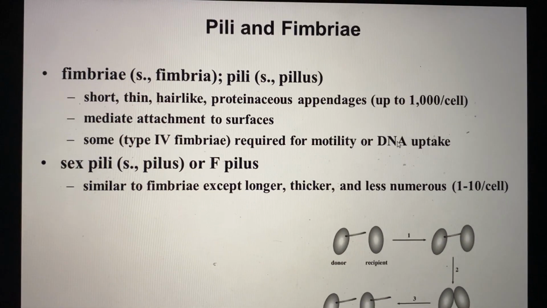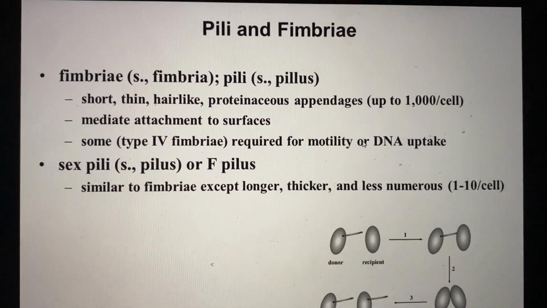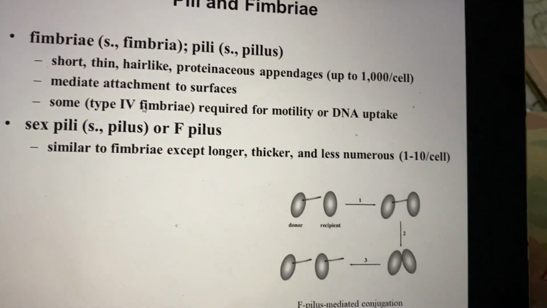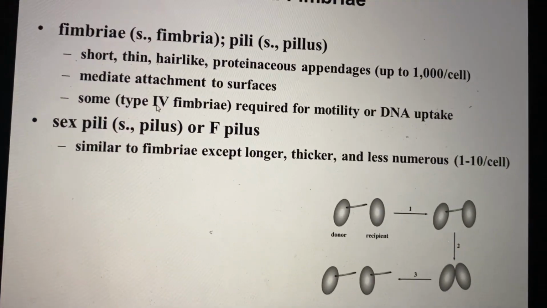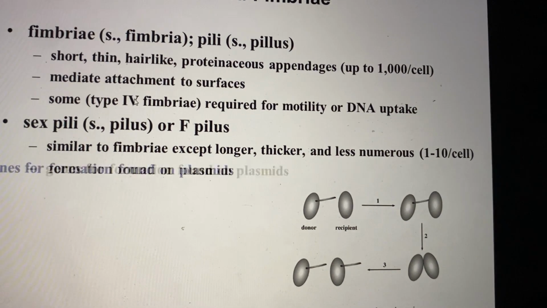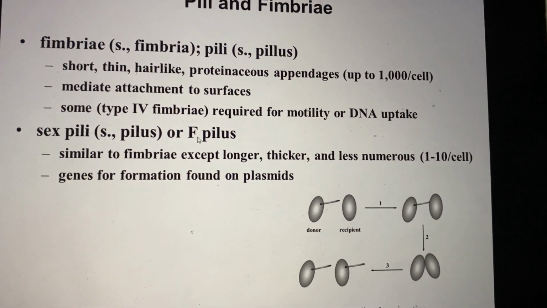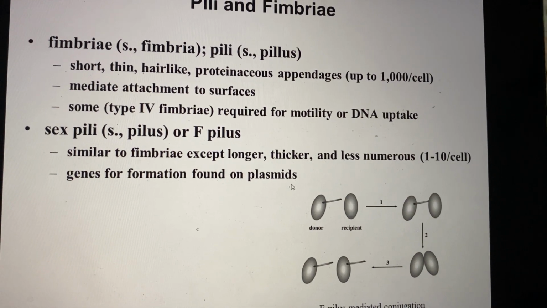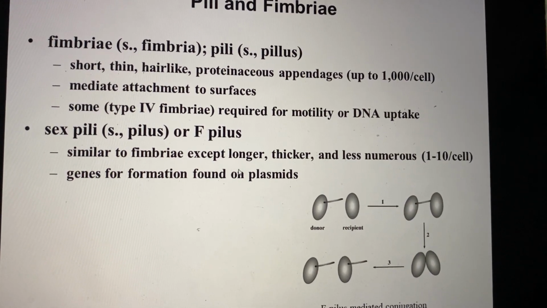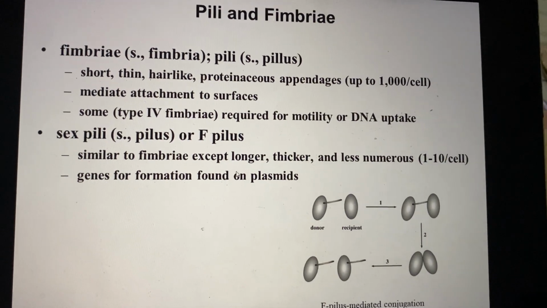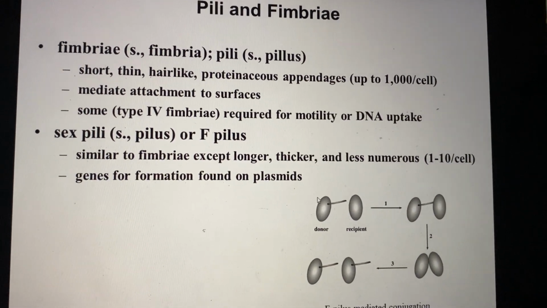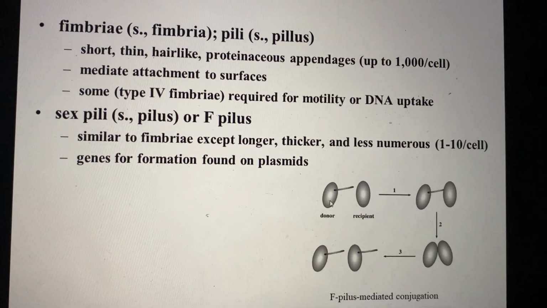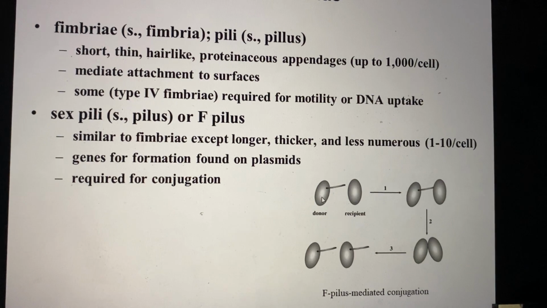So the DNA uptake, when these horizontal gene transfers will occur, will require a synthesis of a special type of fimbriae called the type 4 fimbriae. Of course, the F pilus genes are found on the plasmid. So this is a plasmid property found on this extrachromosomal DNA, which will give the property of producing this F pilus, which will allow the cell to act as a donor.